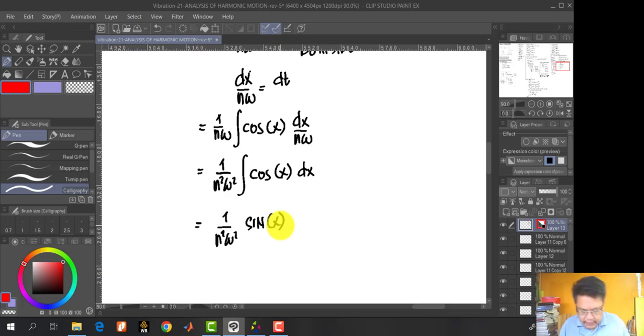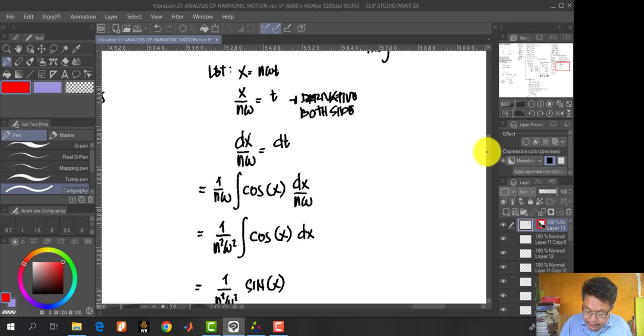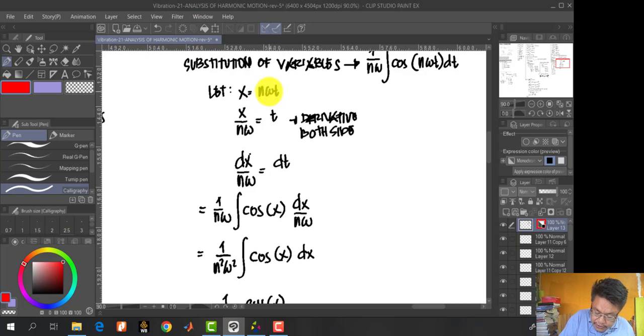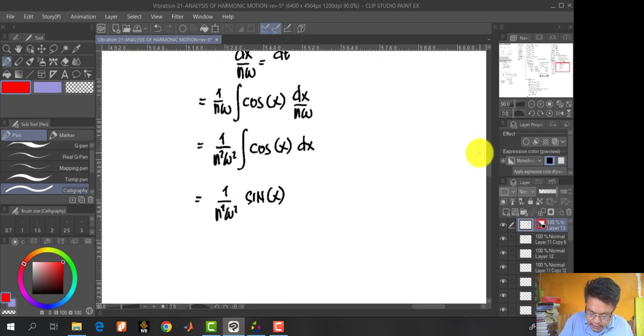Now, we substitute the value of x back. So we have 1 over n squared angular velocity squared times sine of the value of x, which is n angular velocity times time.